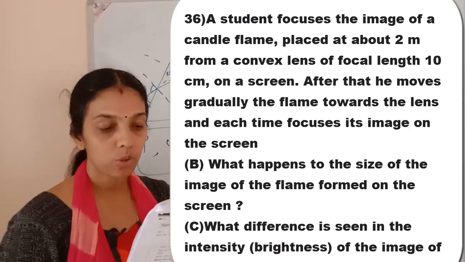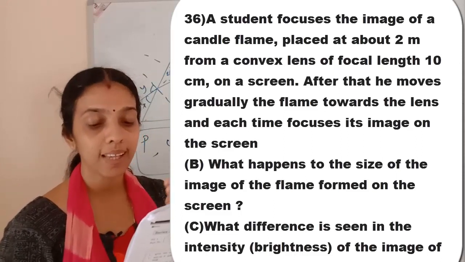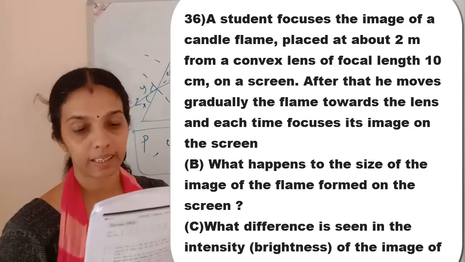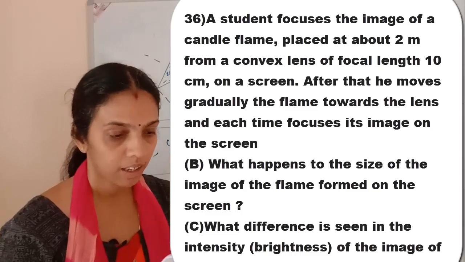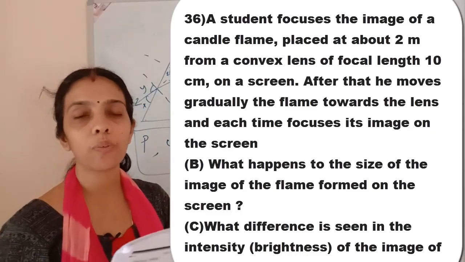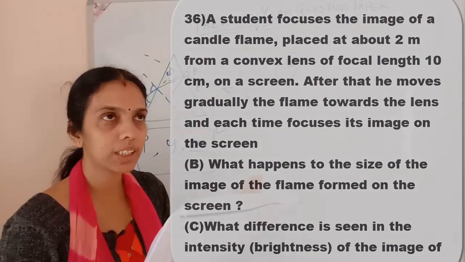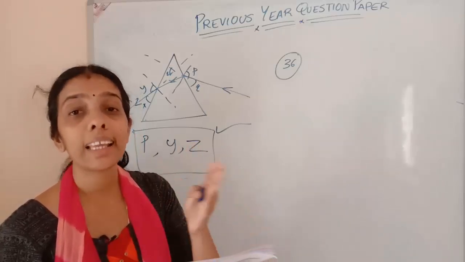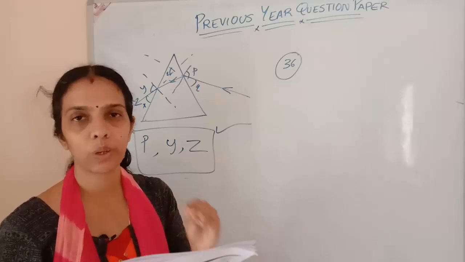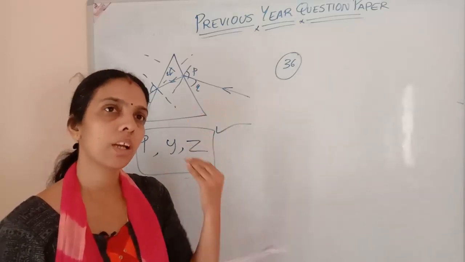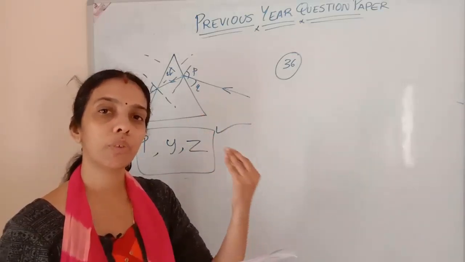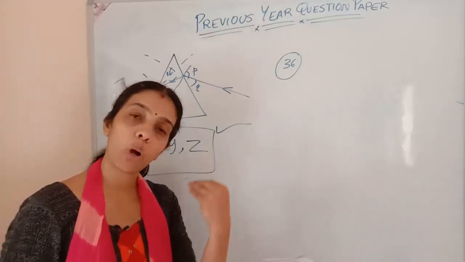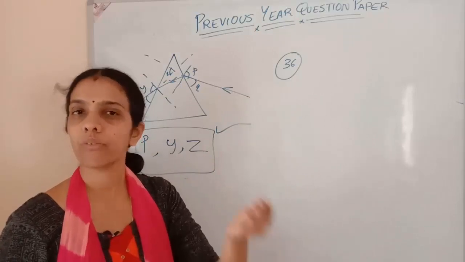Okay, so what happens to the size of the image of the flame formed on the screen in the case of a convex lens? So convex lens, when the object is coming closer, what will happen? It is increasing. Image size will be increasing. As before the lens, at 2F or beyond 2F, between F and 2F, that will be studied.